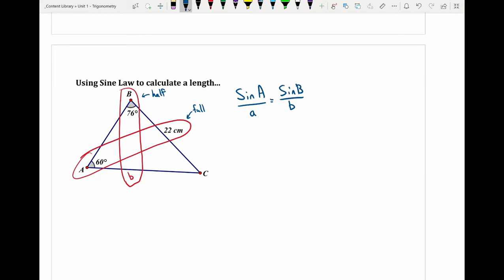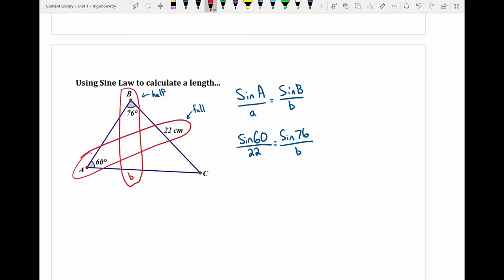So what that means is now that I have my formula, I can fill in my information. Sine big A is the angle, so sine 60 divided by its side, which is 22. Sine B is sine 76 over little b, which is my unknown side, the one that I'm looking for.